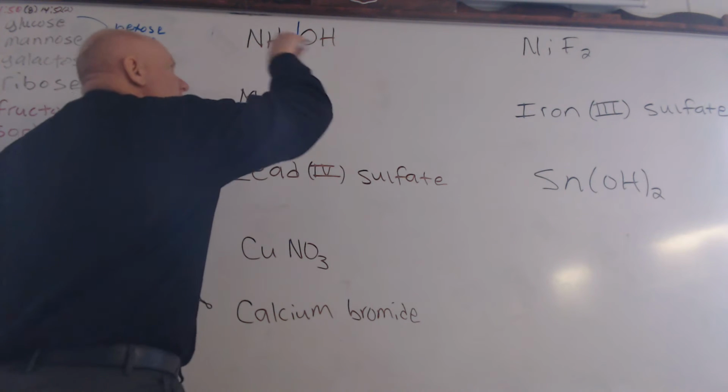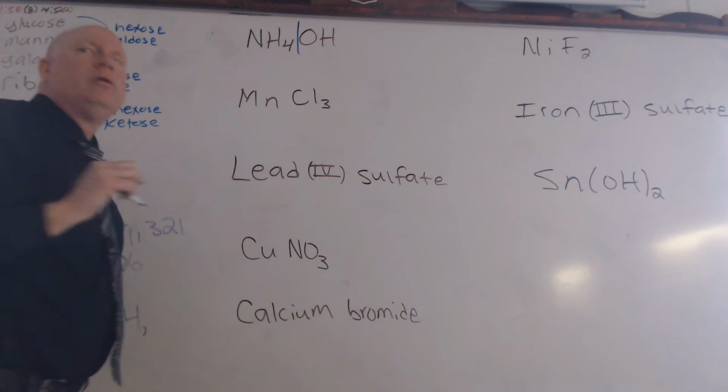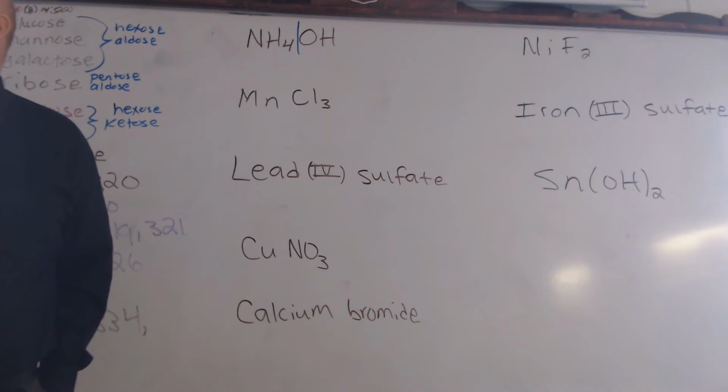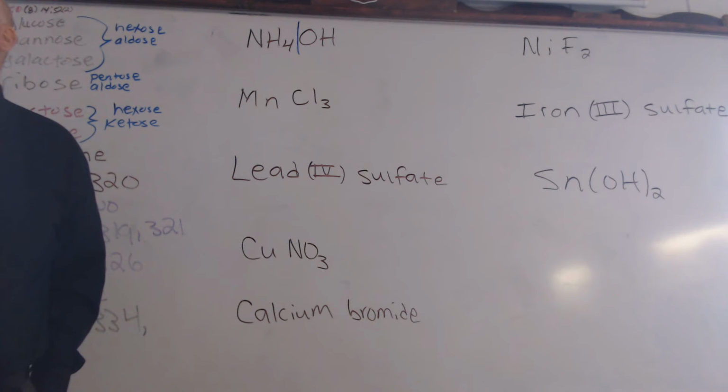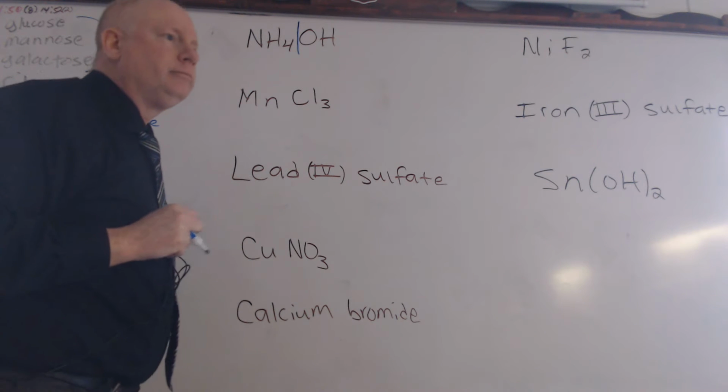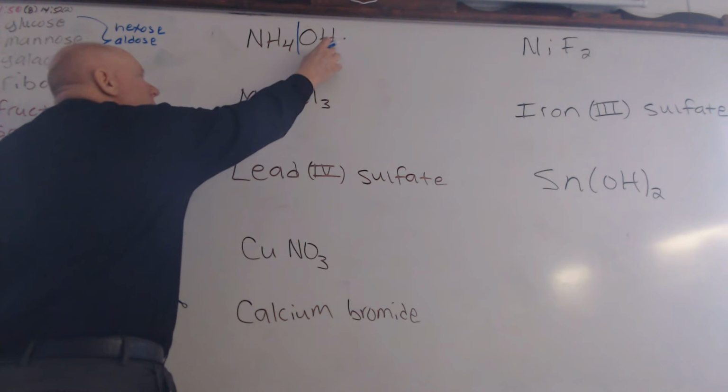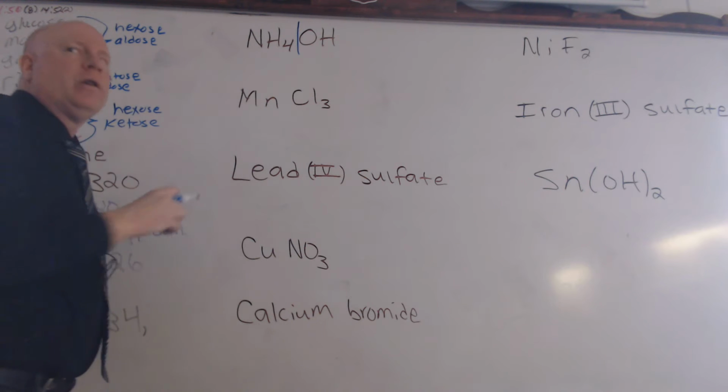And that is on this side. What is OH? You're not going to find polyatomic ions on the table. It's not hydrate. It's got an X in it. Hydroxide. What is NH4?